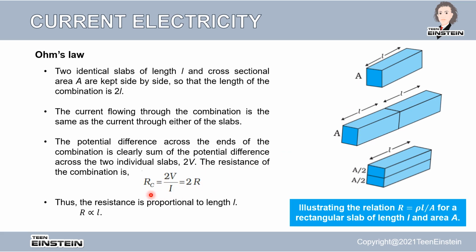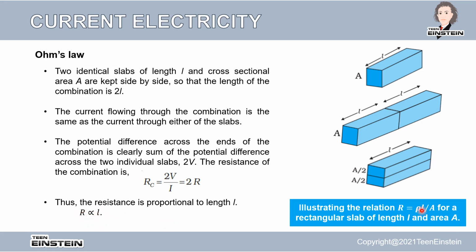What does this say? If you increase the length to 2L, the resistance also increases by a factor of 2. So the resistance is proportional to length. If you have one more slab, the resistance will become 3R. So the resistance is directly proportional to L.